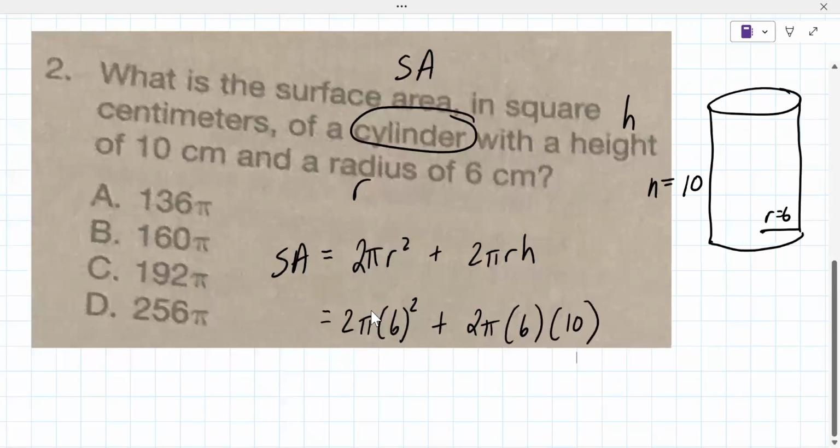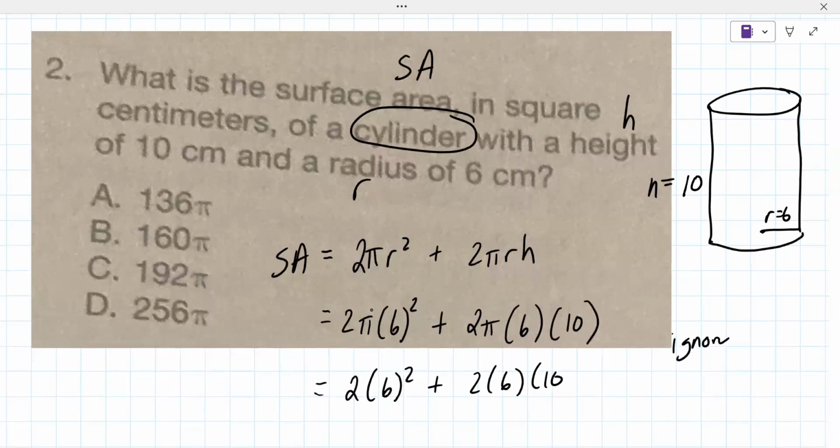So you just sort of ignore the pi. Pretend like it's not there. That's all you gotta do.